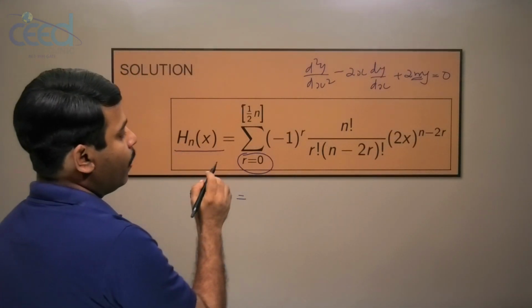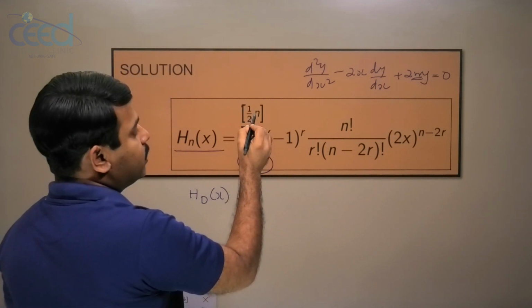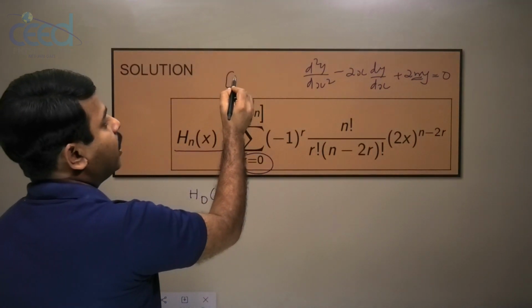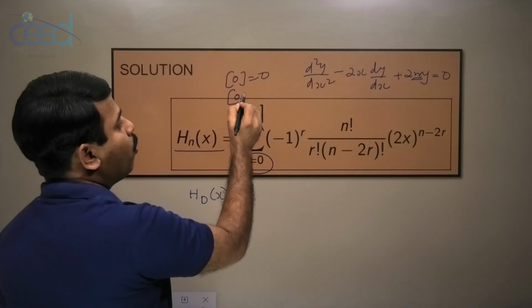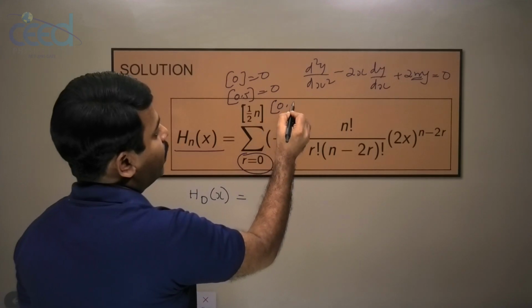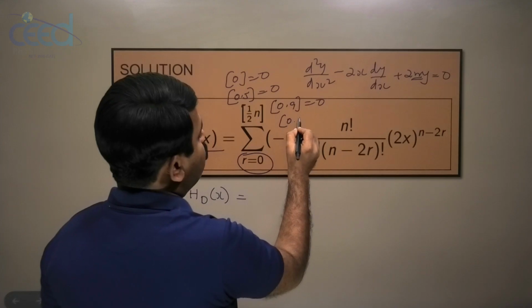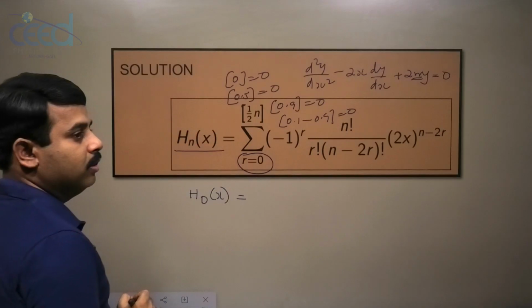What is the solution? Put r from 0 to, here 0 by 2 is 0, and the greatest integer of 0 is 0. What is the greatest integer of 0.5? That also is 0. The greatest integer of 0.9 is also 0. The greatest integer of anything from 0.1 to 0.9 is equal to 0.